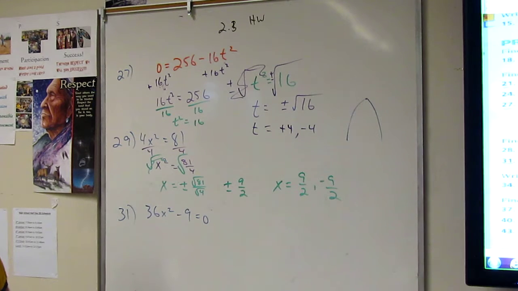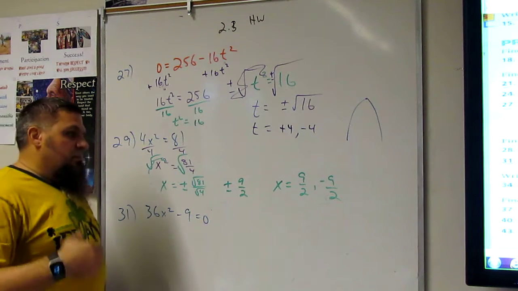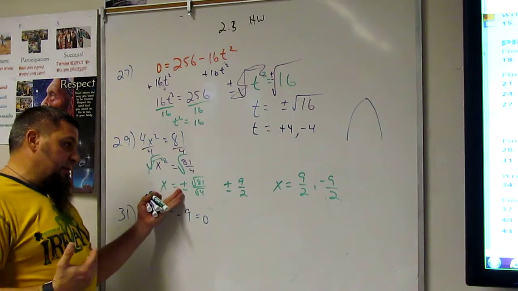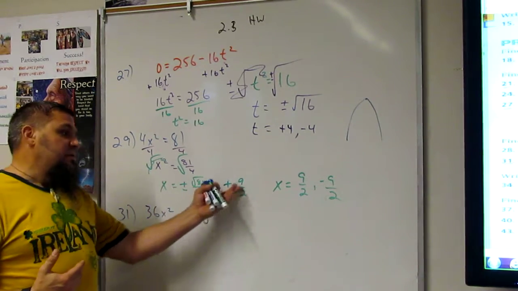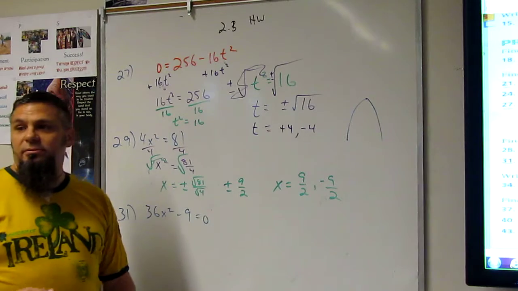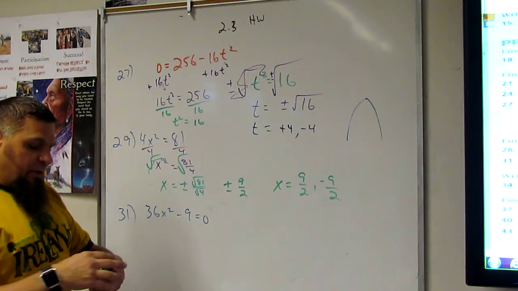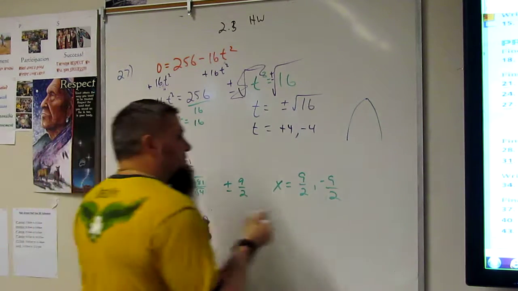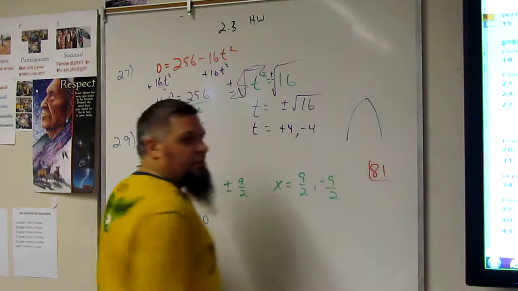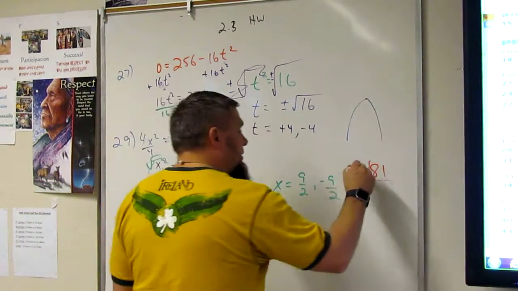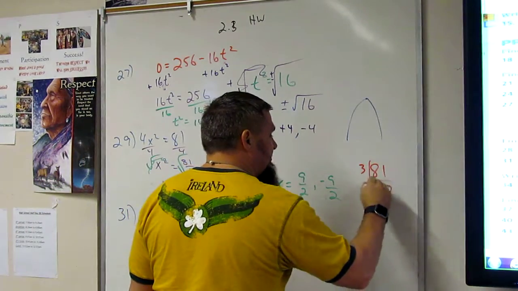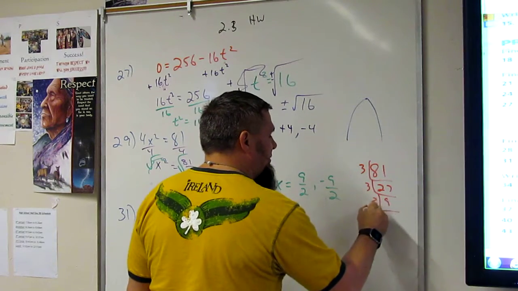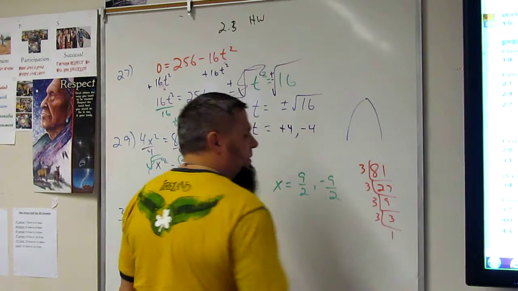Okay? So x could be plus or minus, the square root of 81 is 9, the square root of 4 is 2. Okay? Now remember, I was trying to show you this last year, the upside down division. You pull out a 3 and you get 27, you pull out a 3 and you get 9, you pull out a 3, you get 3, pull out a 3, you get 1.